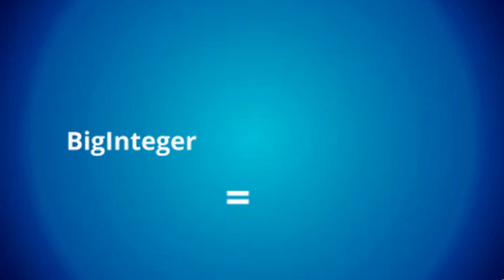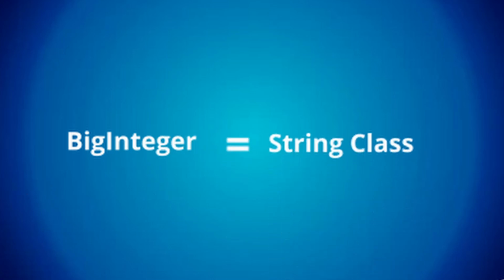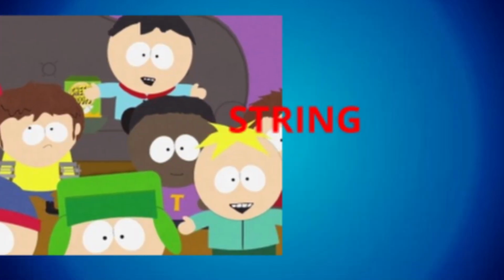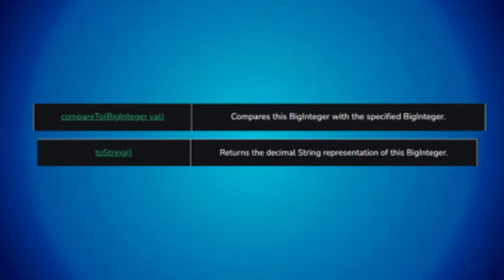Does that mean big int is just a string class? Is it the string representation of an int? I mean, it has some string methods, so is it the same thing? I'm gonna let Kanye West answer this question. The answer is no.